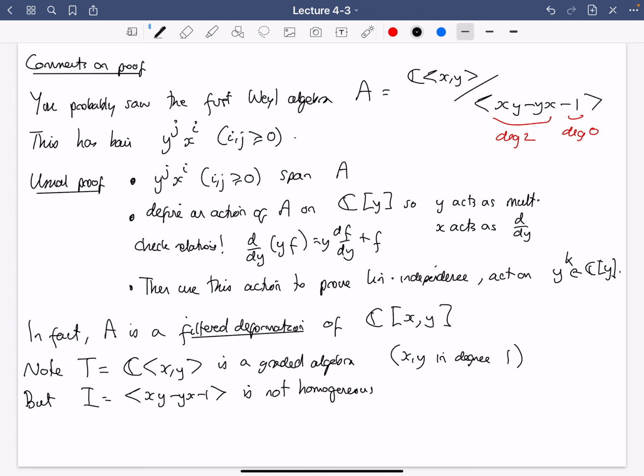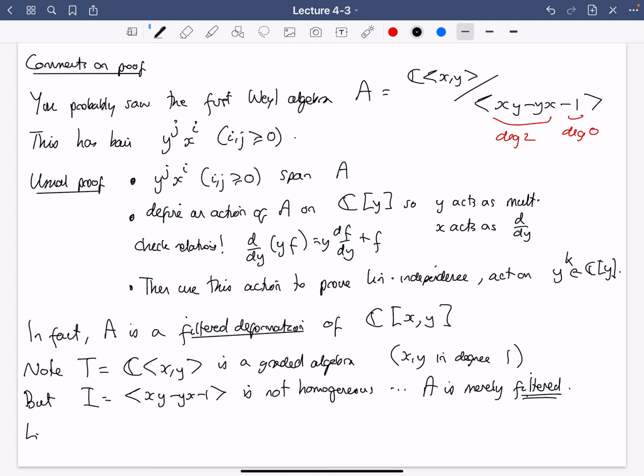So because it's not a homogeneous ideal, the first Weyl algebra A is not a graded algebra quotient of the tensor algebra. All you can do then is get a filtration on the quotient A. It's not a graded algebra, it's merely filtered.